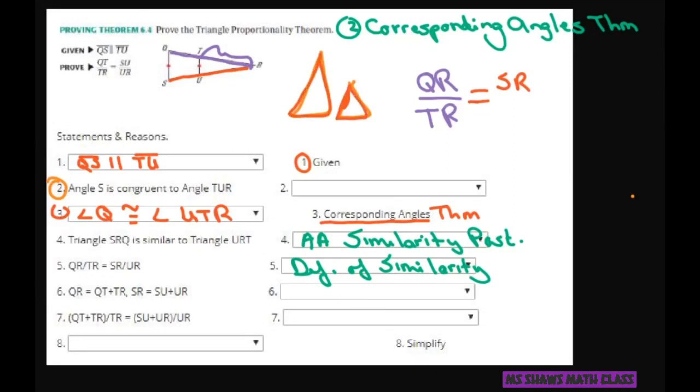So that's going to be UR. So they're just similar. And again, it's because these angles here are congruent, and it's by the angle similarity postulate.